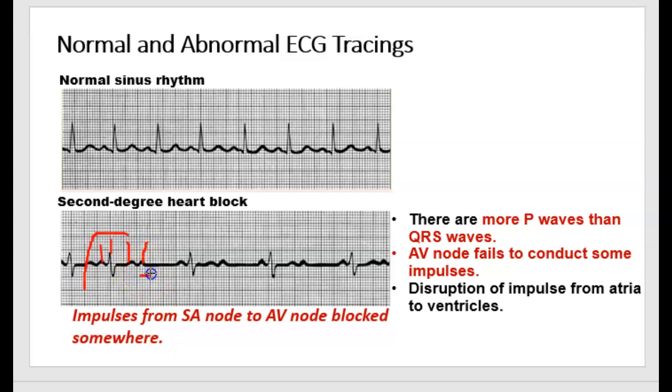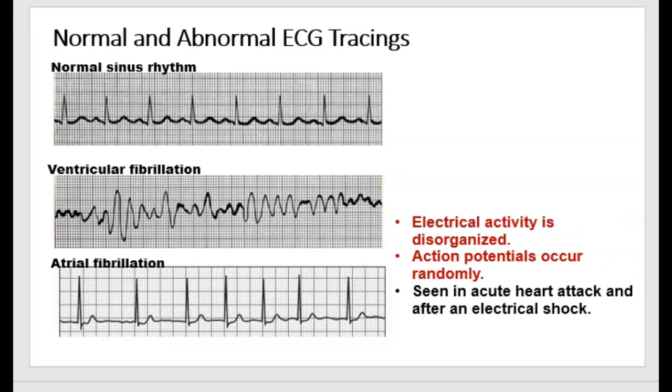There's no QRS, so there's some kind of block to the ventricles. So the AV node, or something in the AV bundle, is failing to conduct some impulses to the ventricles. This is what we call a second degree block. Not that you have to memorize that, but okay.